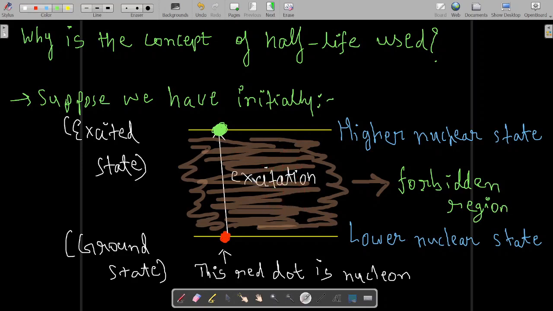So the nucleon will either reside over here, or it will directly jump to this other state.